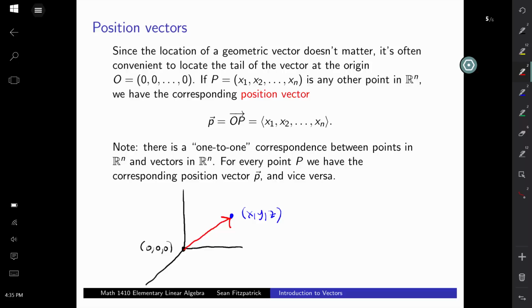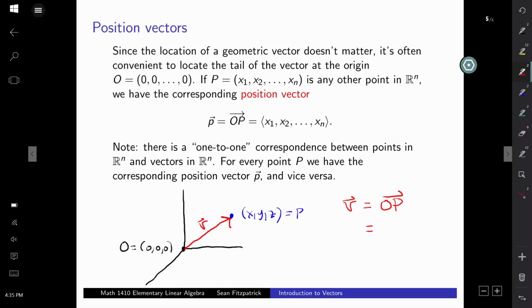So if this is the point P, and the origin, we often just refer to as O, this vector v is going to be the vector from the origin to P.